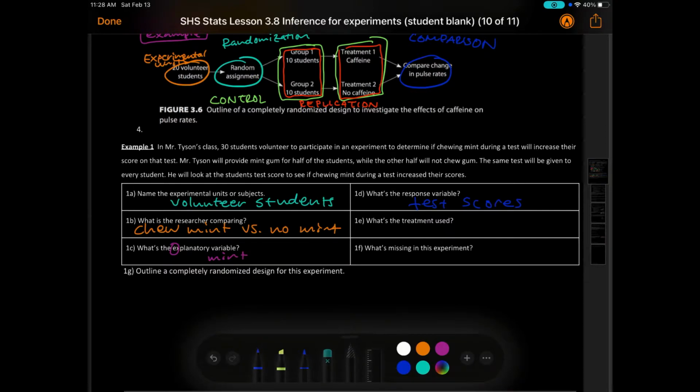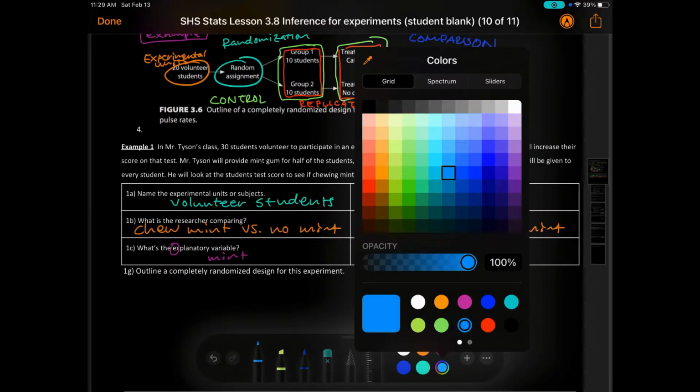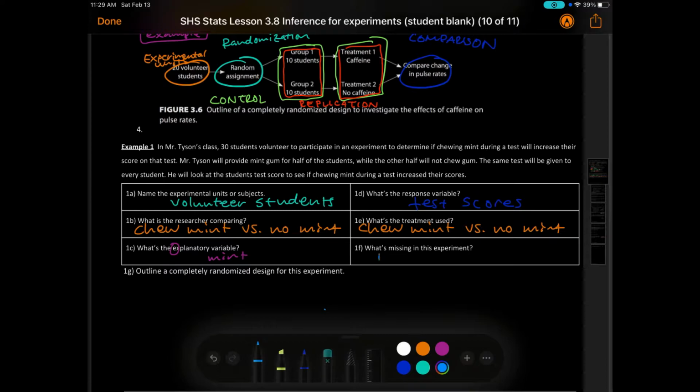It's the same thing here. Chew mint and no mint. And what's missing in this assignment? Mr. Tyson is forgetting, I don't know if you saw it, randomization.